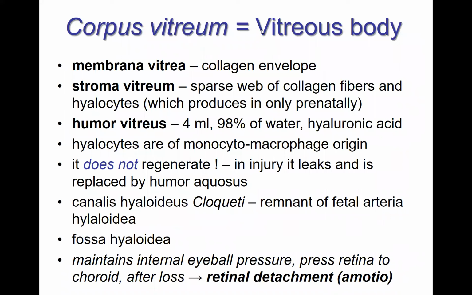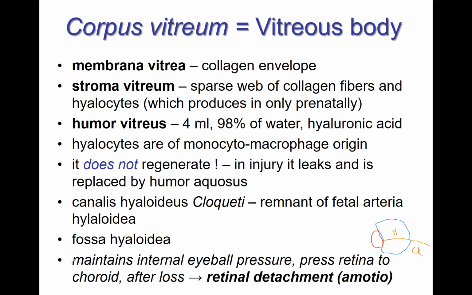Inside the vitreous body, the body maybe can be like that, and then we have the space for lens. Yeah, the lens would be here. So what is here during development? A vessel which comes from the central retinal artery, and it's called the hyaloid artery.